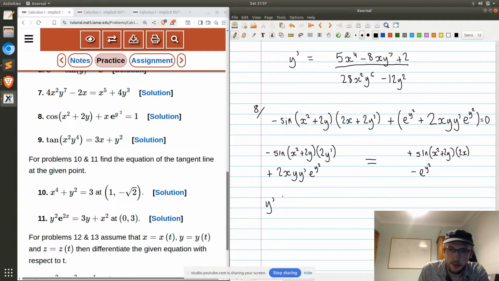Okay, so y prime, extracting that out. So I'm going to have minus 2 times the sine of x squared plus 2y.